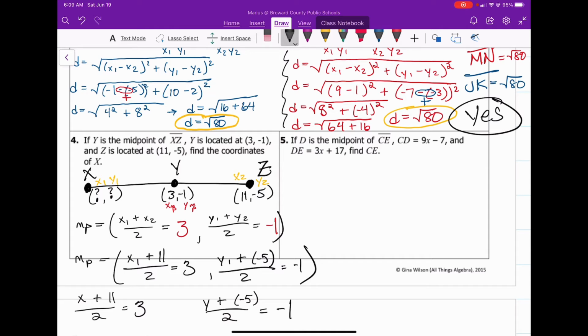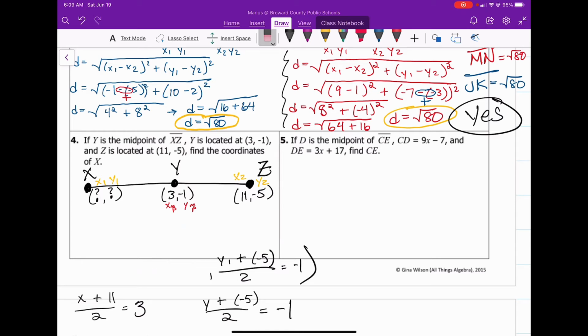I'm going to erase some of this so I have some room to work it out.